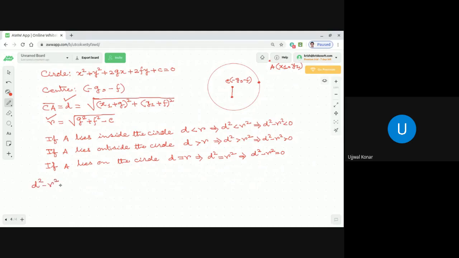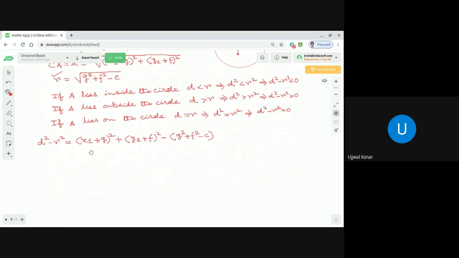If we compute d square minus r square, that should be equal to what? x1 plus g whole square plus y1 plus f whole square minus r square, that means g square plus f square minus c. Let's compute it.